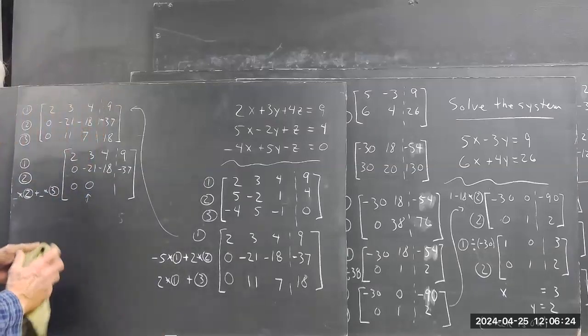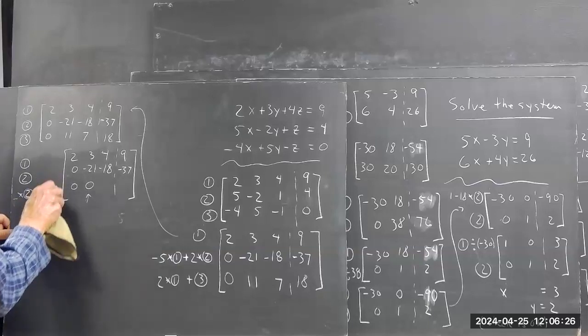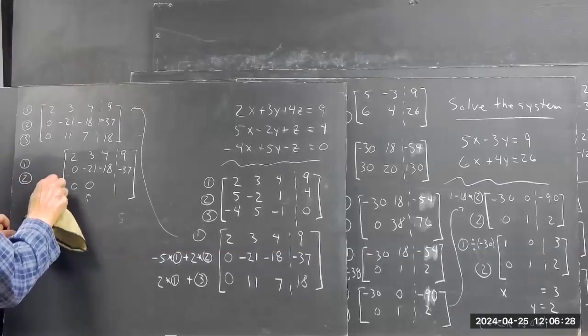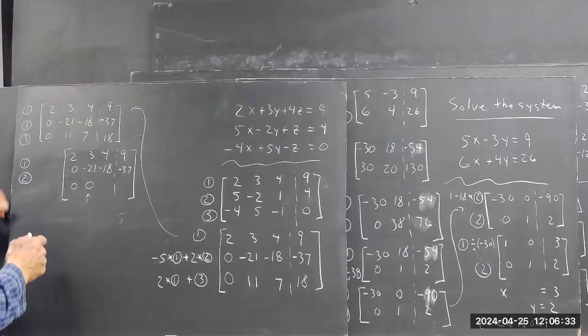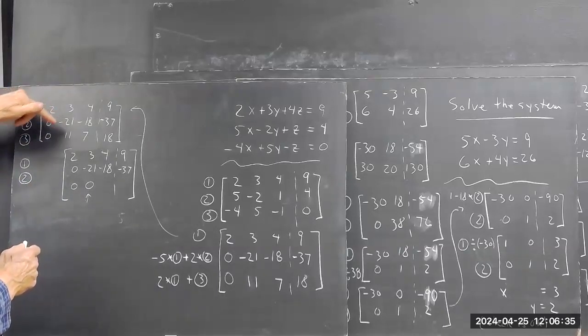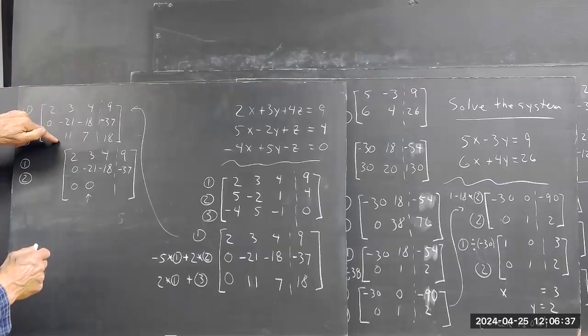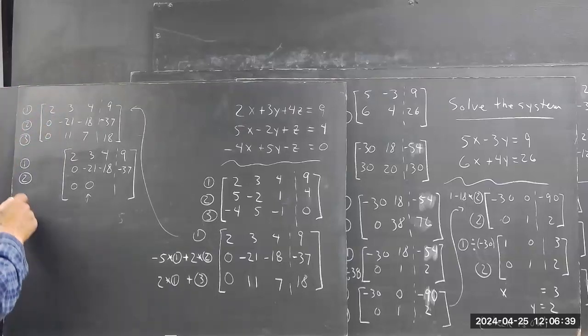Let me write it out. I'm going to multiply 11 times this and 21 times this. That'll match up the numbers in these rows.